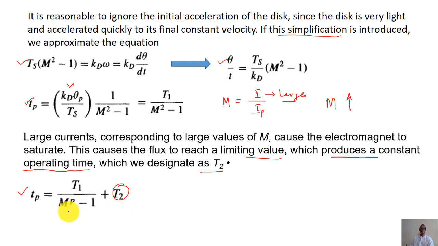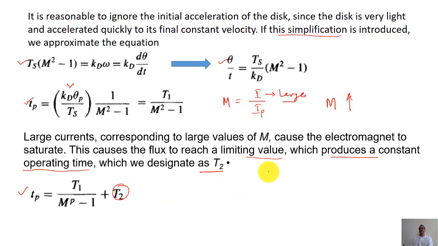If we see this equation, as your m becomes large, the denominator becomes larger, making this a very small quantity as compared to T2. So finally, if your current is very large, then the operating time is settling to T2. That means it is becoming a definite time.